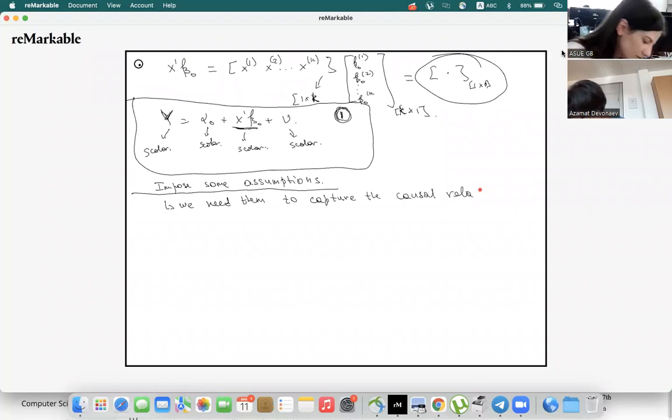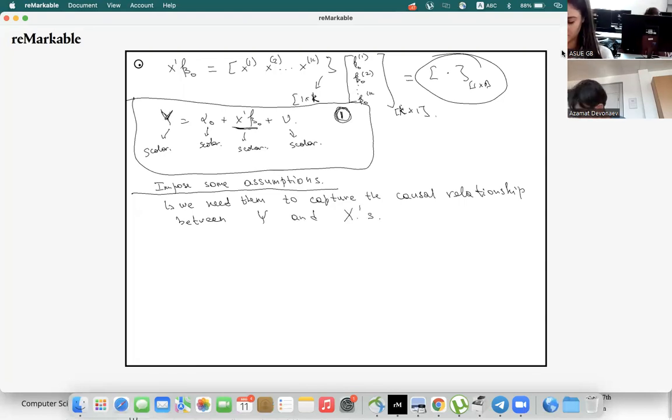To capture the causal relationship between y and x's. So the first assumption, let it be A1: I want the expectation of the model error to be 0.